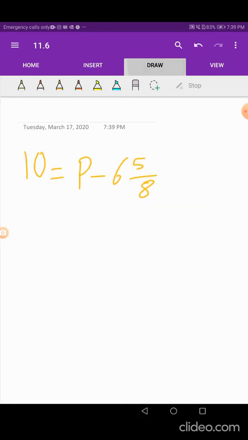Okay, so we have p over here minus 6 whole and 5 over 8. How can you cancel this? Using the opposite operation. What is the opposite operation of subtraction? It's addition. So I'm going to add 6 whole and 5 over 8 to this side, and 6 whole and 5 over 8 to this side.